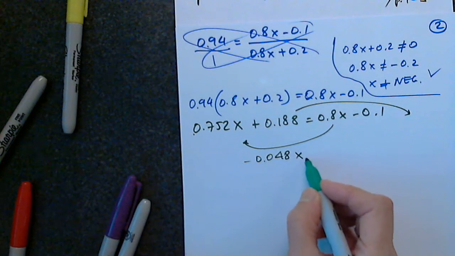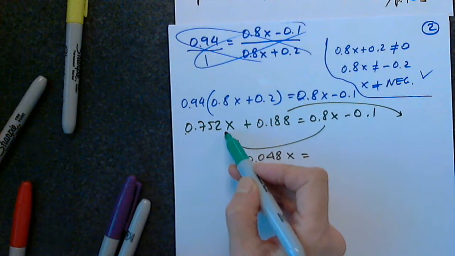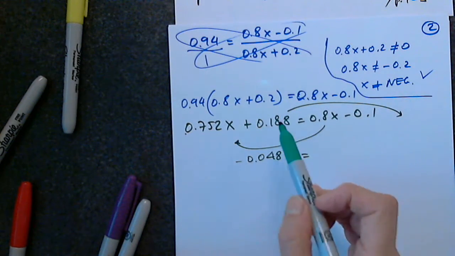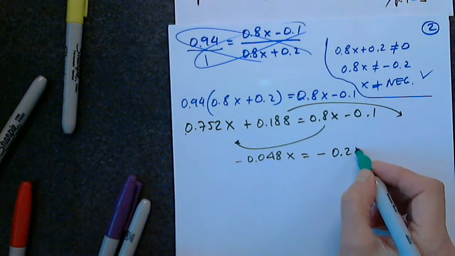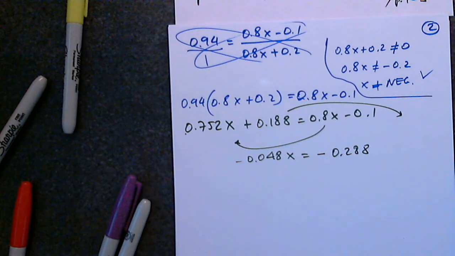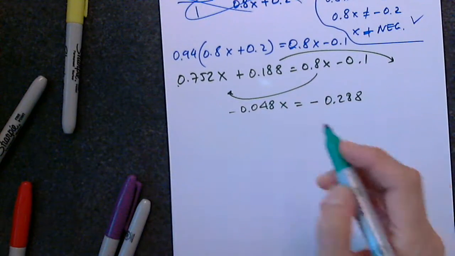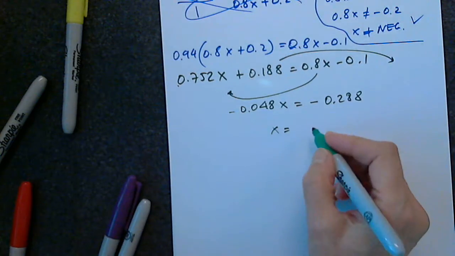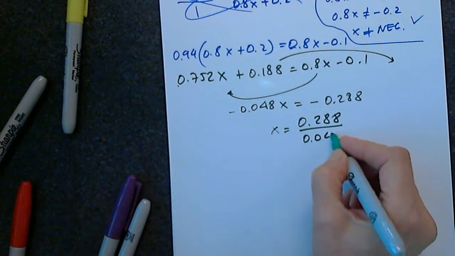Am I correct? What are you moving where? Okay. So then I move 0.188 to the other side, and I get negative 0.288. Final step, divide by this. Very good. So both are negative, so the answer will be positive 0.288 divided by 0.048.